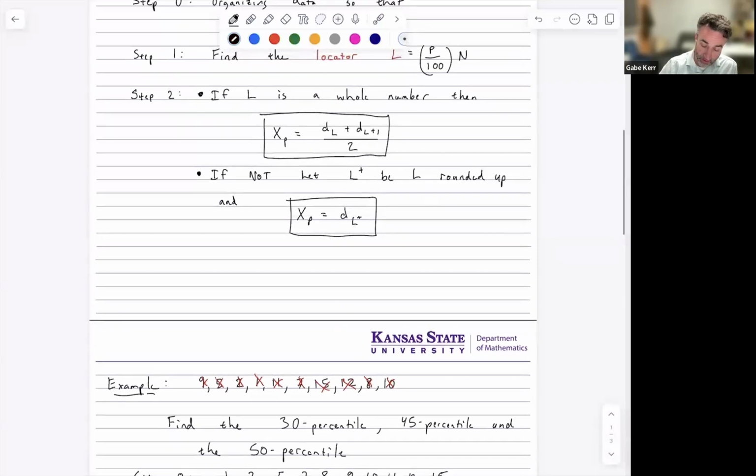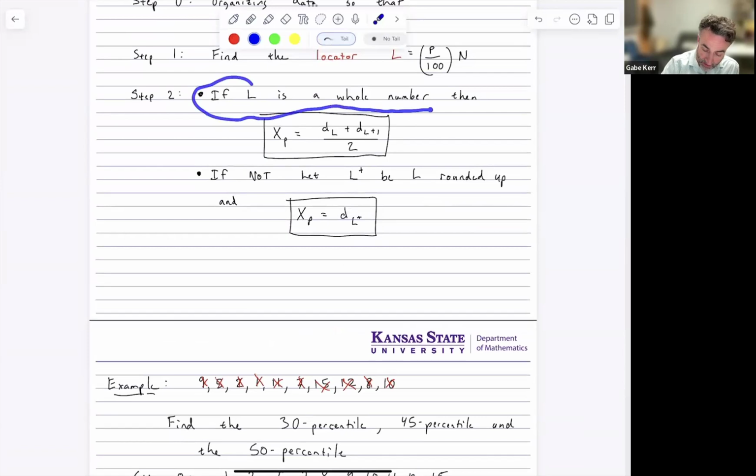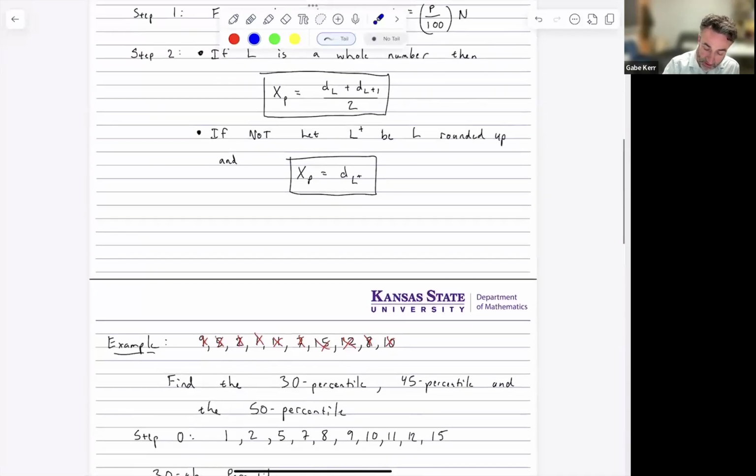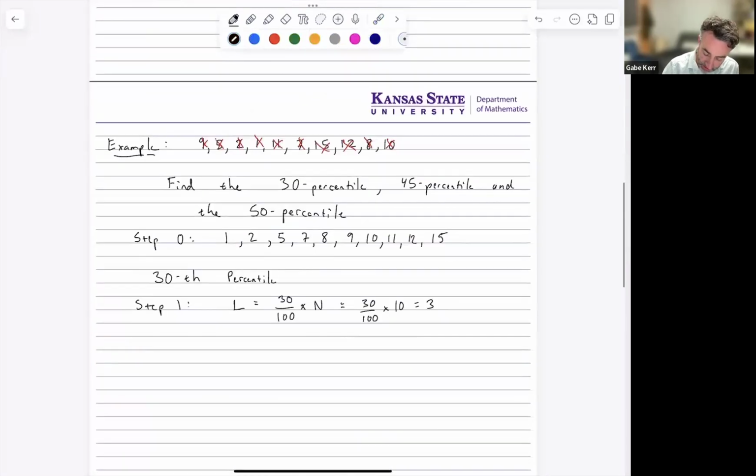I look at step 2. We have two possible cases, if L is a whole number or if L is not. In this case, L is a whole number, 3 is a whole number, so we have to use this formula here. So I'll write that down. In this case, x sub 30, this is my step 2, x sub 30 is equal to d sub 3 plus d sub 4 over 2, average of them. What is d sub 3?